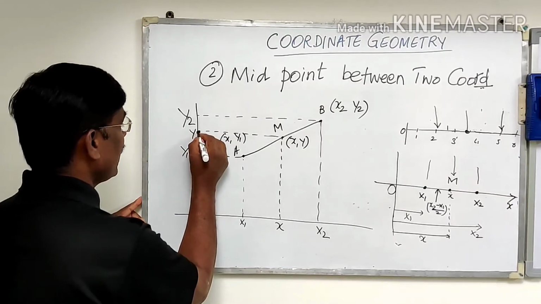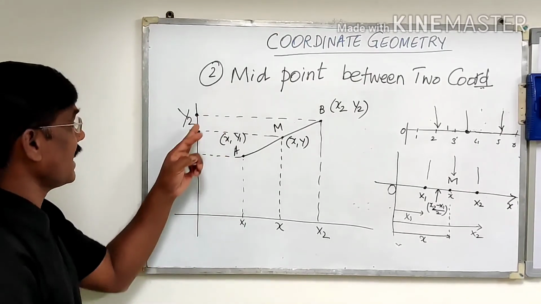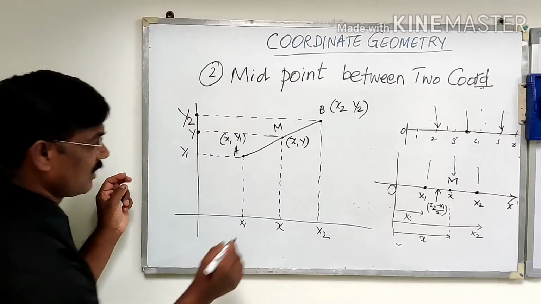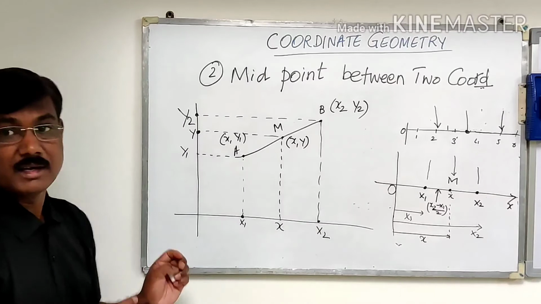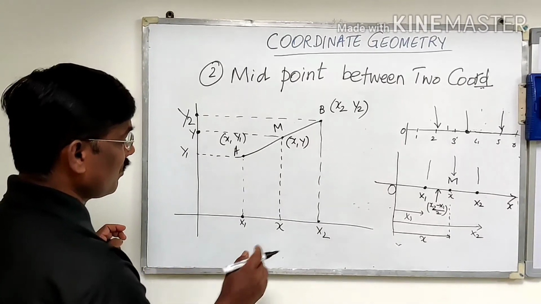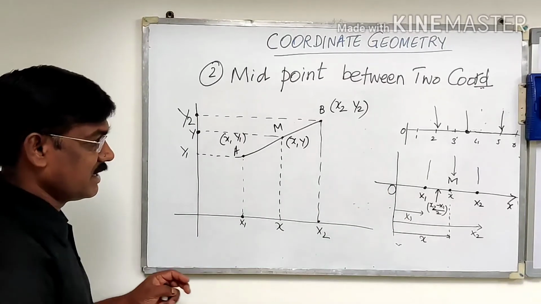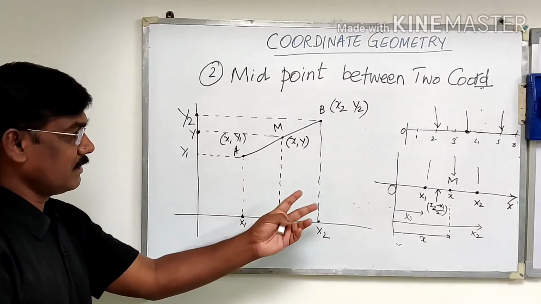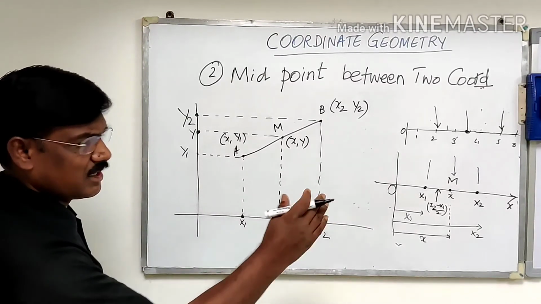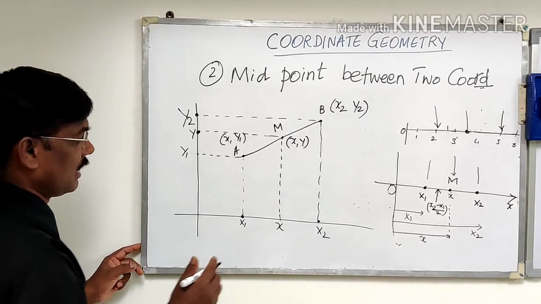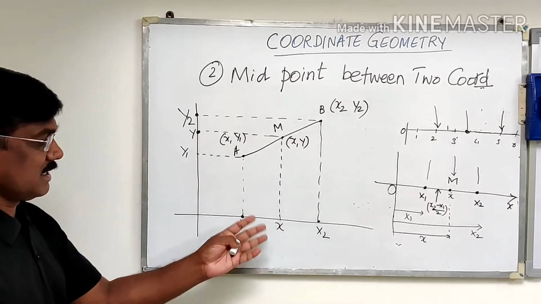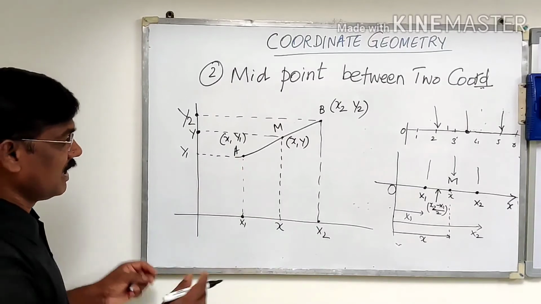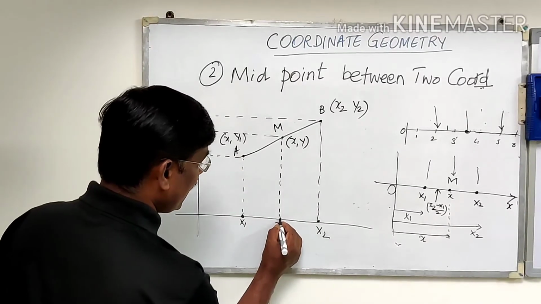And this point lies between y2 and y1, and x lies between x2 and x1. We have seen how to find the midpoint on the x-axis. The same formula or same methodology we apply here also. So what is the coordinate of x?